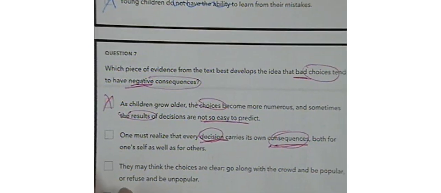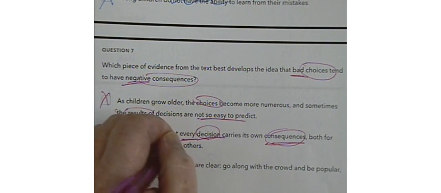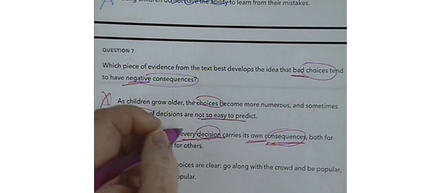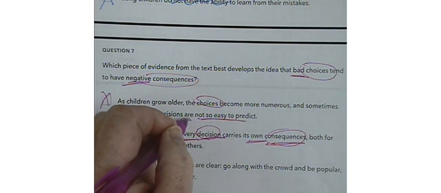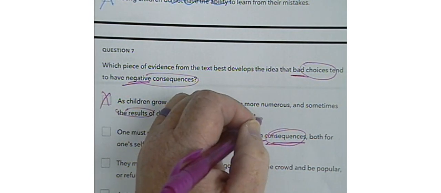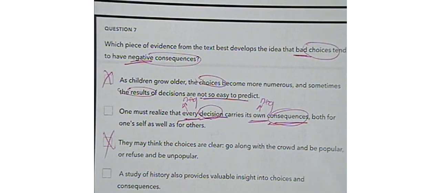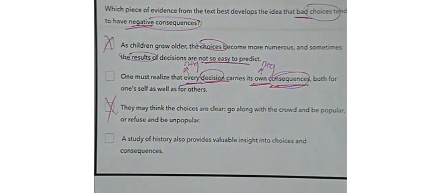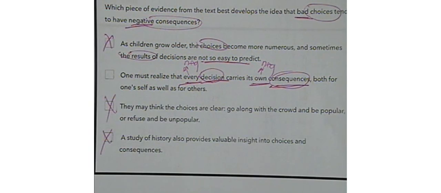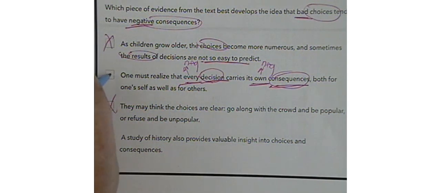Which here, when we have that every decision carries its own consequences, this is meaning that negative ones will have negative consequences. So this is going to be incorrect because it doesn't mention or have a connection with them being negative and negative. And then a study of history also provides valuable insight into choices and consequences. That shows a connection, but not the idea that bad choices have negative consequences.